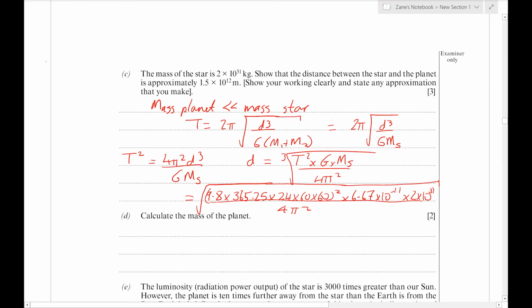Now it tells us that the answer should be about 1.5 times 10 to the 12, and if we put those numbers into the calculator, we get 1.48 times 10 to the 12.